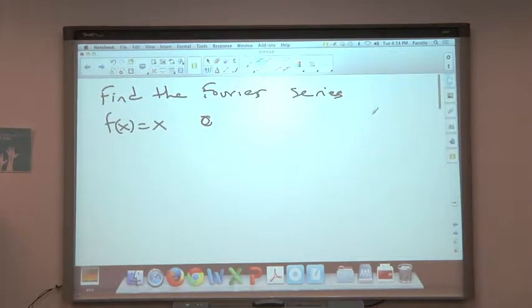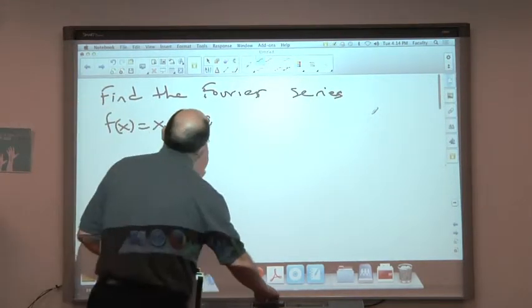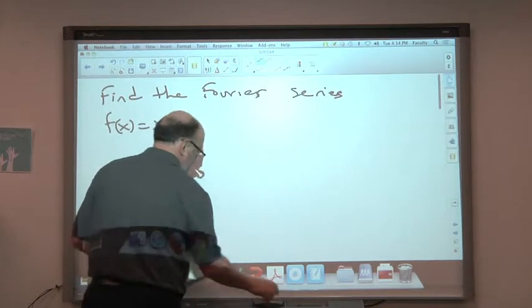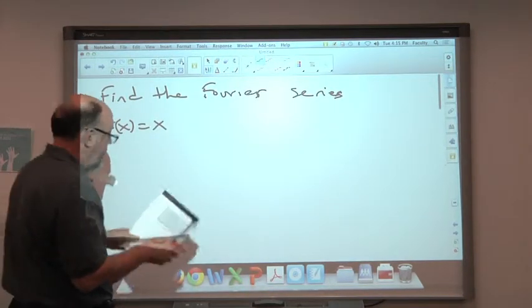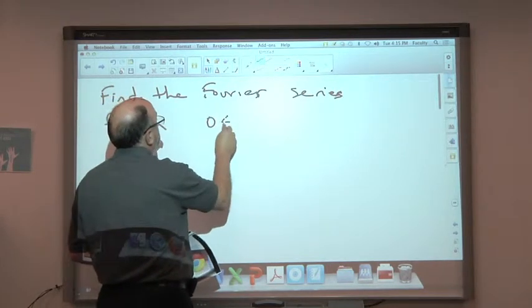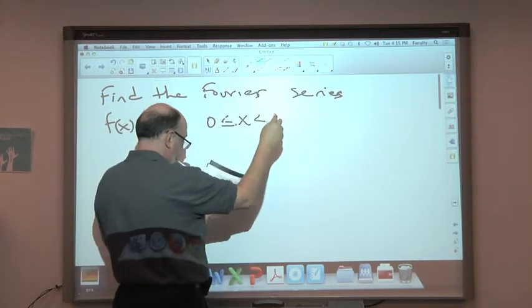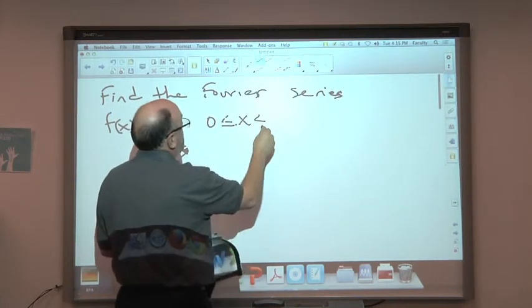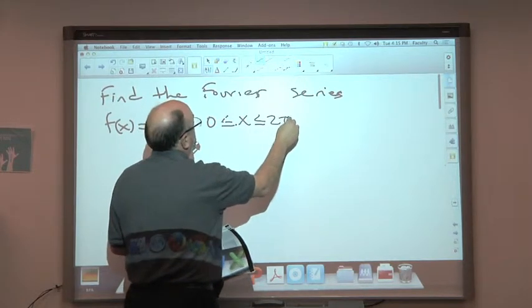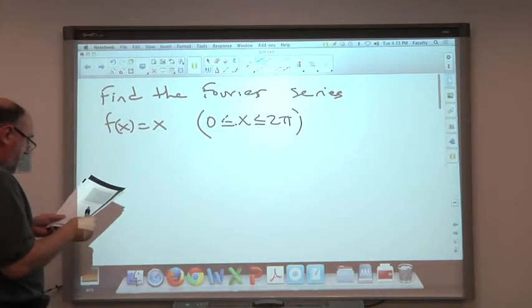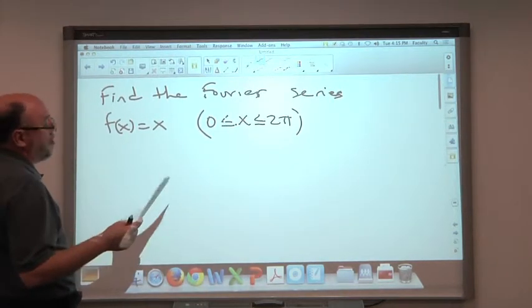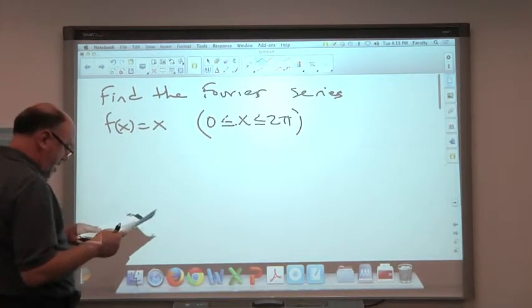F of x is equal to x, 0 less than or equal to x less than or equal to 2 pi. Okay. So we need to find our coefficients a naught, a sub n, and b sub n.